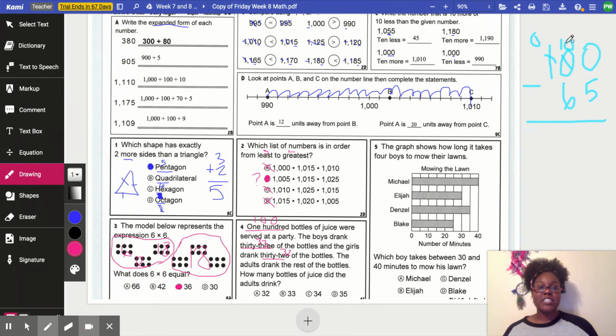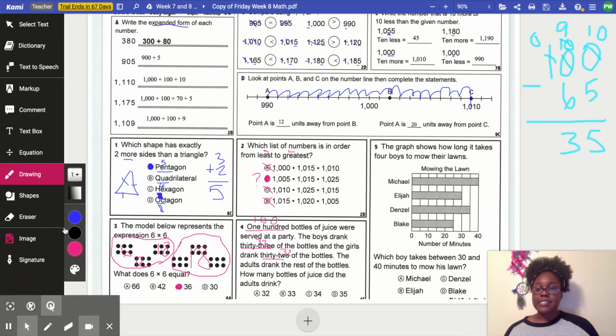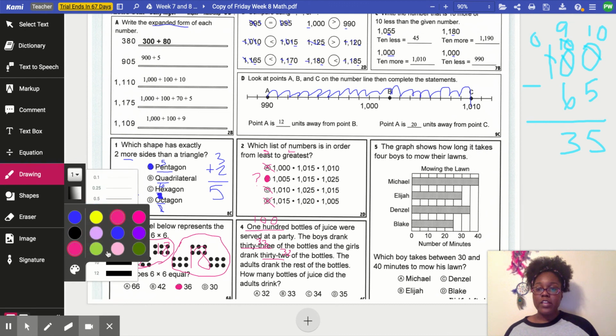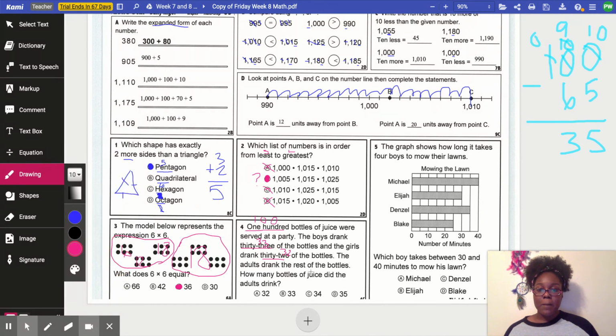So I've got to take a 10 from my tens place, which now gives me 9 tens. And it gives me 10 ones in my ones place. 10 take away 5 is 5. And 9 take away 6 is 3. So my answer is that I have 35 bottles of juice left.